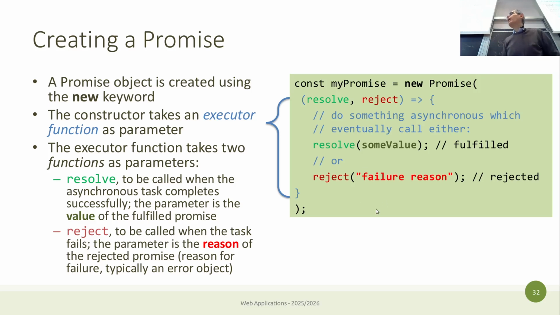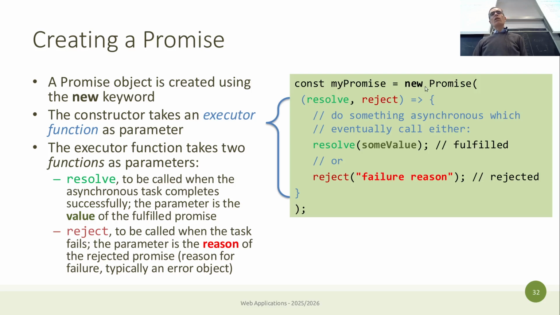Now, how do we actually create a promise? Well, we already saw the example. It's possible to create a new promise with a new Promise statement. So Promise is a constructor function made available by JavaScript. This constructor function takes what is called an executor function. That is what we saw before, we just didn't use the reject part.